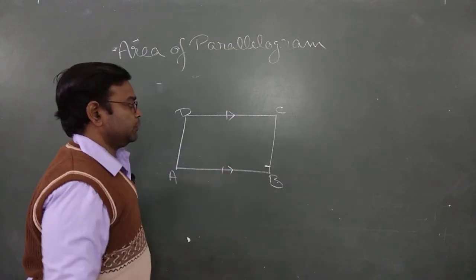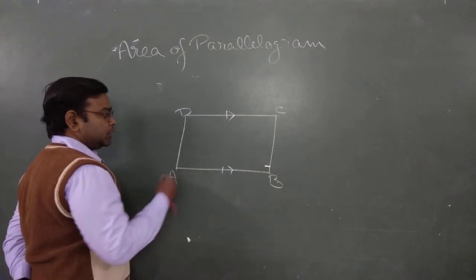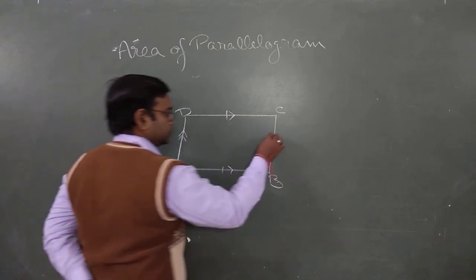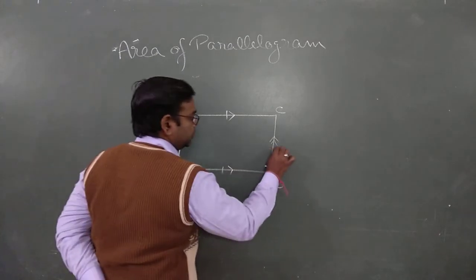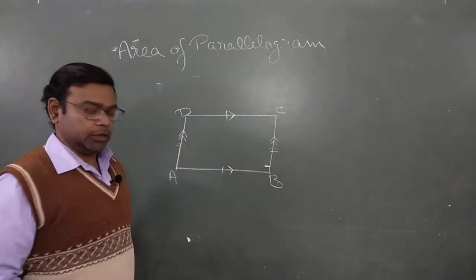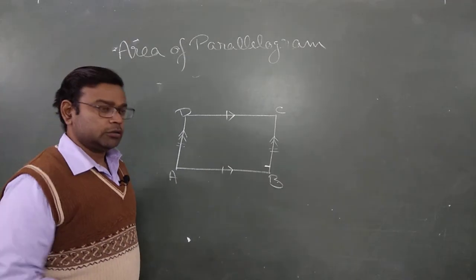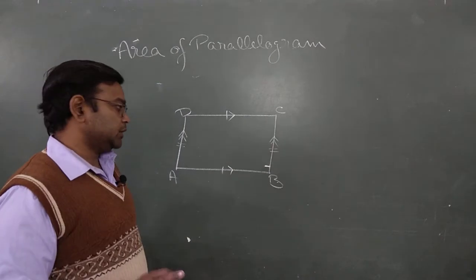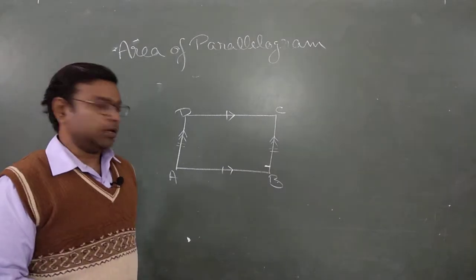This arrow symbol defines that these two are parallel, and this symbol defines that these two are equal. Similarly, these two lines are parallel to each other, as well as equal to each other. So this is a parallelogram whose opposite sides are parallel as well as equal. They may or may not be equal to adjacent sides, that is a different thing, but opposite sides being parallel defines the figure of a parallelogram.